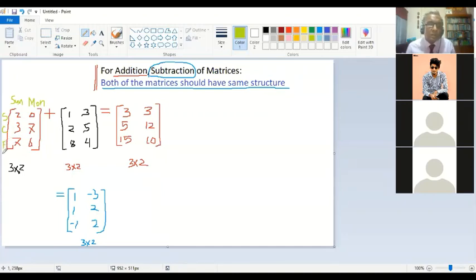Fanta. Say Fanta. Okay, it's okay. So in the second matrix also, Sunday is the first column, Monday is the second column, and the three rows are first row Sprite, second row Coke, and third row Fanta.